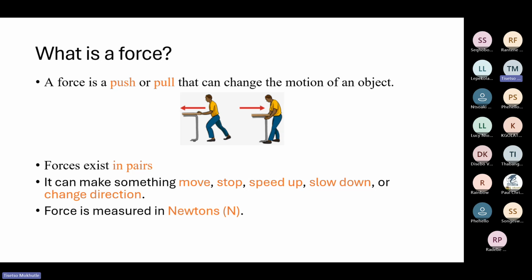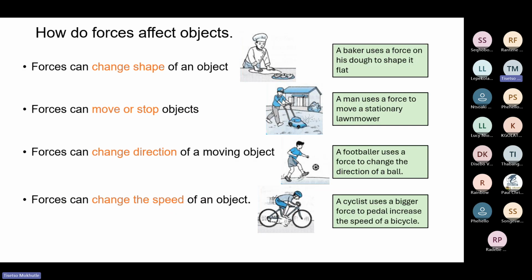It means your force is greater than the force in the direction the ball was moving. Also, the force can change direction, as I will illustrate later. Force is also measured in newtons. Okay, let's move on to the next slides.